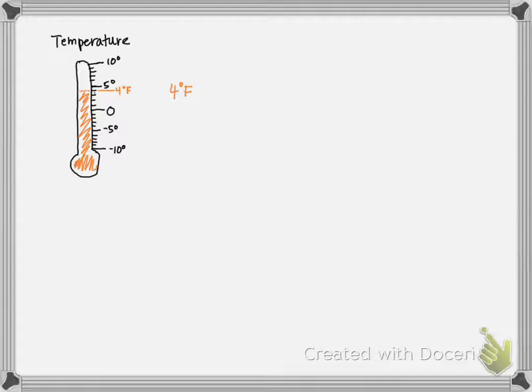Now, if you were, let's say, negative 8 degrees, you would be right here. And that one would only fill up to this level and everything below it. Okay? So that's how the thermometer works.